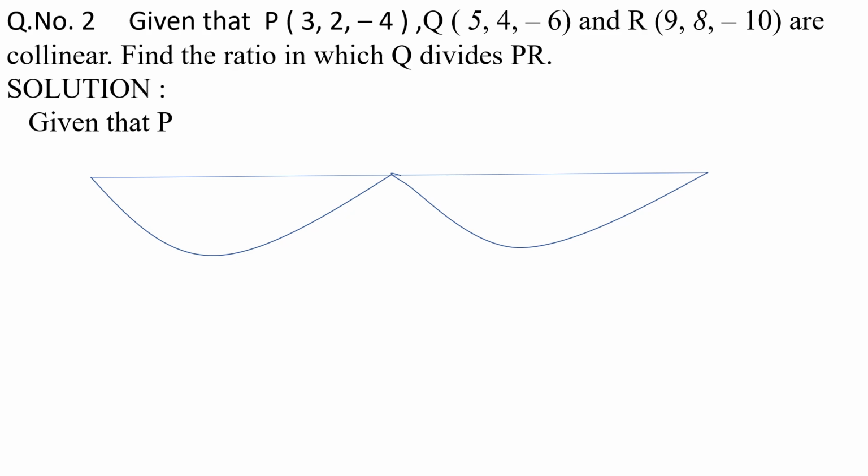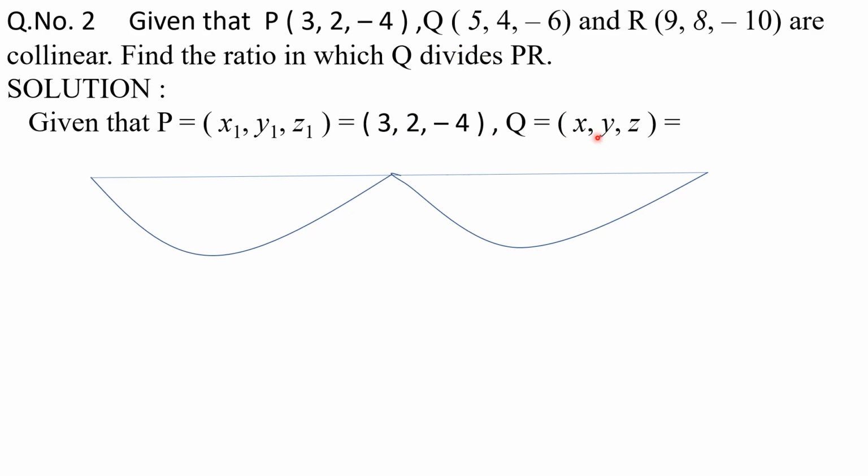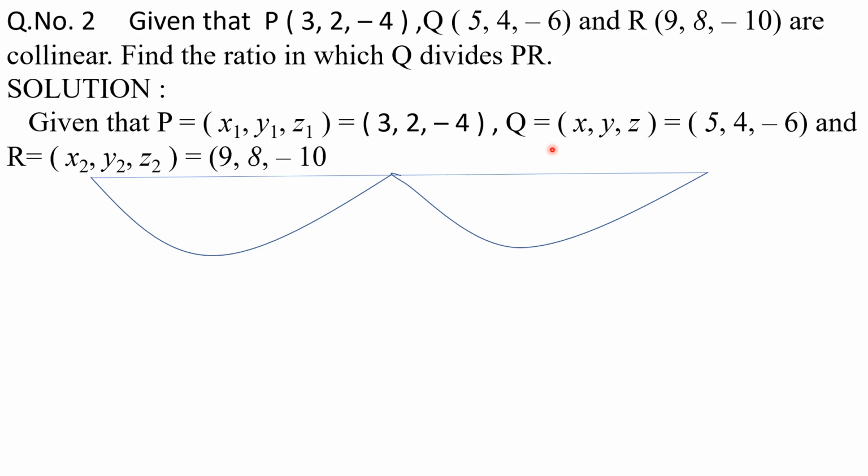What is given here? Given that P is equal to x1 comma y1 comma z1, that is equal to 3 comma 2 comma minus 4, Q is equal to x comma y comma z, that is equal to 5 comma 4 comma minus 6, and R is equal to x2 comma y2 comma z2, that is equal to 9 comma 8 comma minus 10.